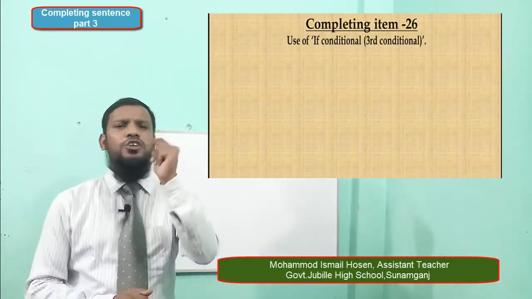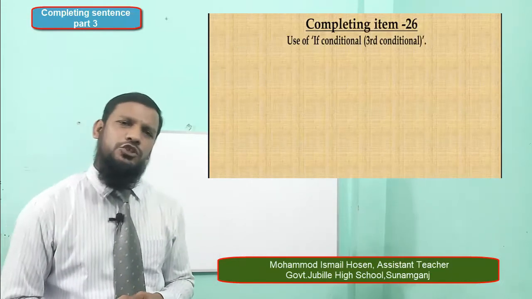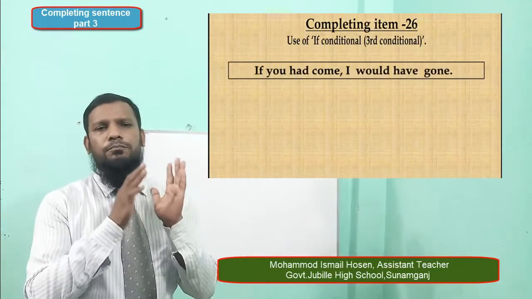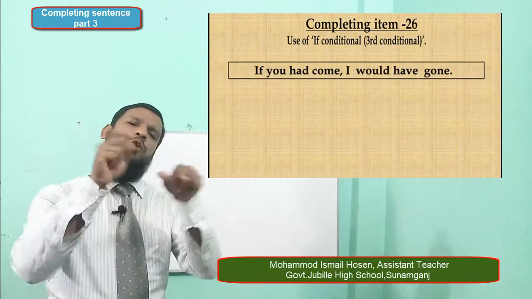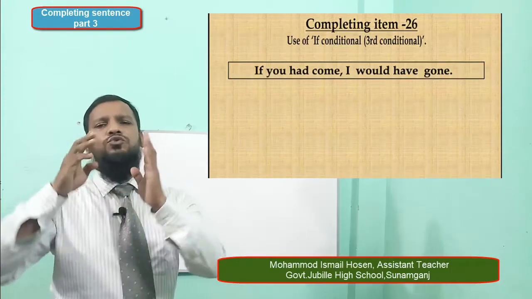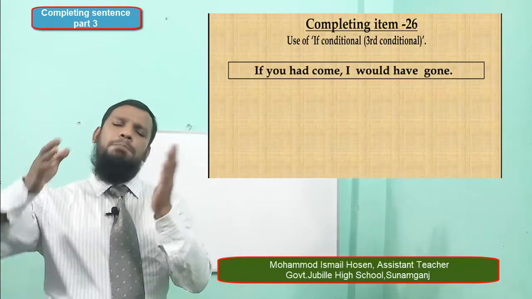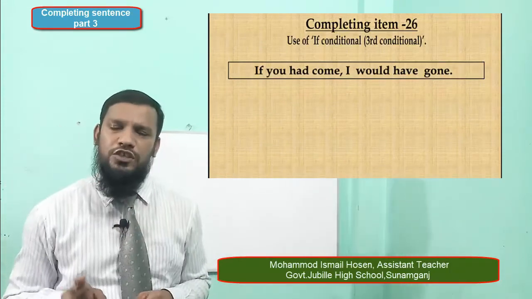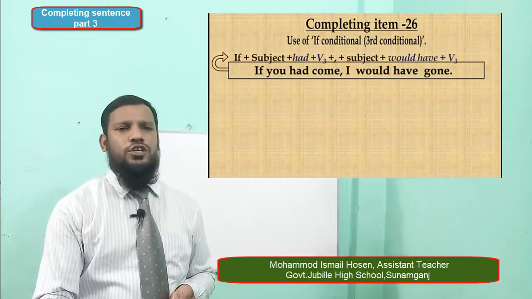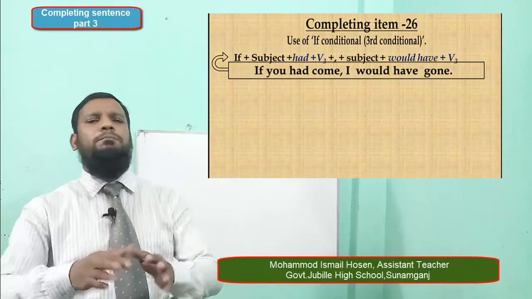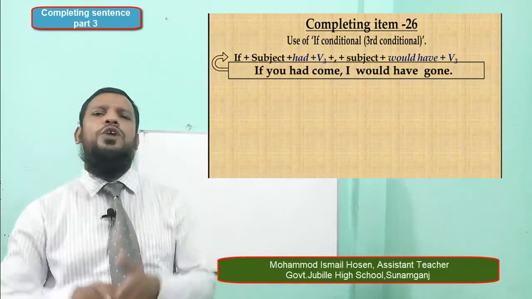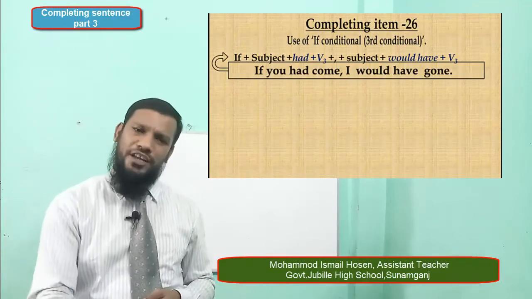Then third conditional. Let's see about third conditional. Use of third conditional. Here, if plus past perfect, then subject plus would plus have plus V3, that means past participle. Okay. This is the structure: if plus subject plus had plus V3, plus subject plus would have plus V3.